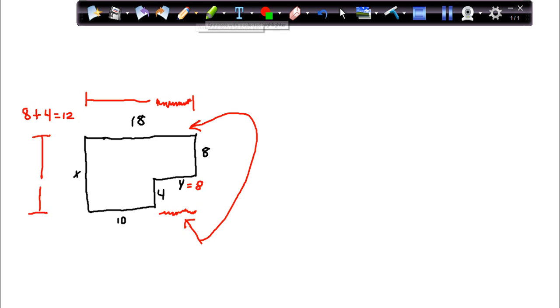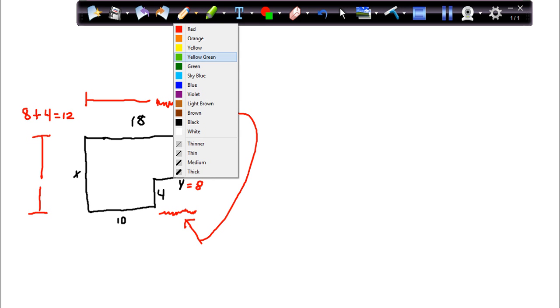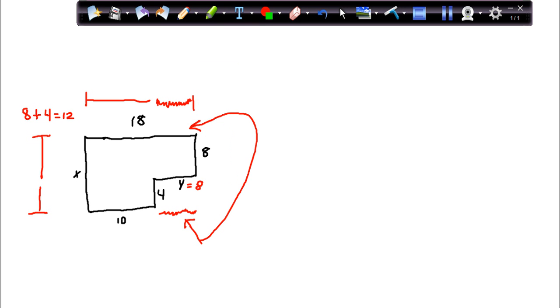For the empty space right here, from there to there, I can count for that by looking over here, because 8 plus 4 obviously is 12. So then that missing piece has to be 4 right here.